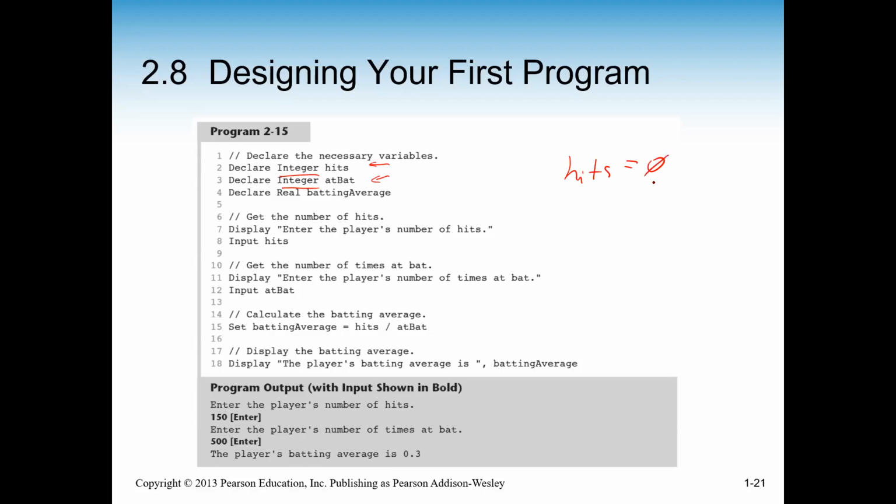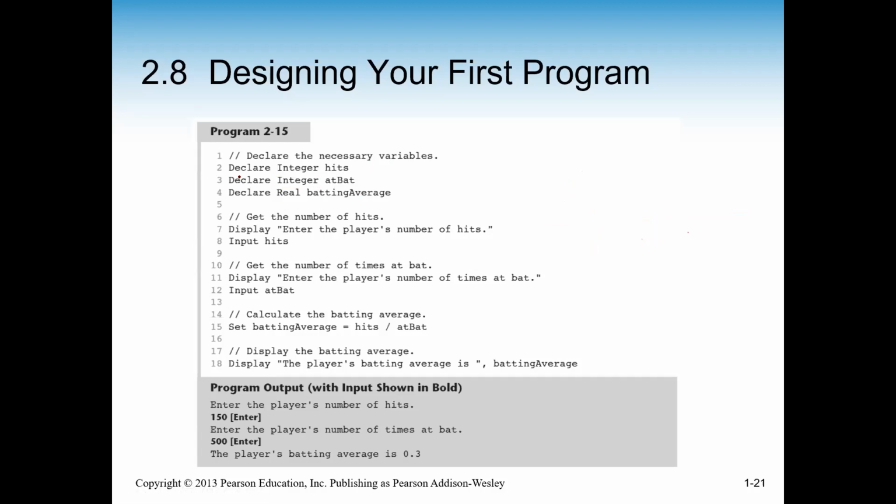And at bat, 0 as well. In other programming languages, you would actually have to write int hits semicolon or something like that. I just want to stress that here because this is only pseudocode, so this is not required.